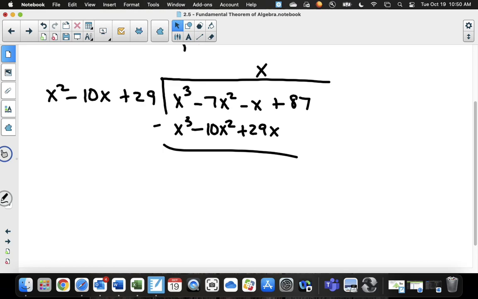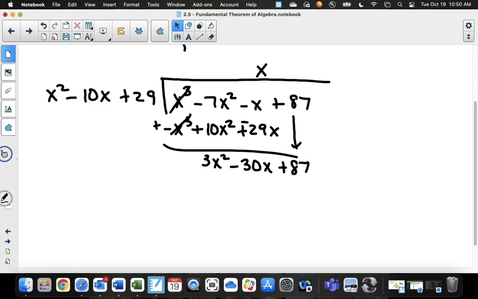Or add the opposite. I'm going to add the opposite to clean it up a little bit. So negative, positive, negative. Now I can just combine like terms. X cubes go away. I end up with a positive 3x squared. I end up with a negative 30x. And then I bring down the plus 87.